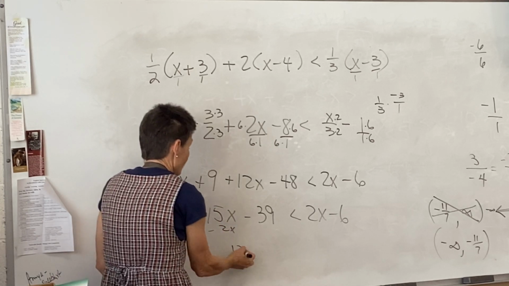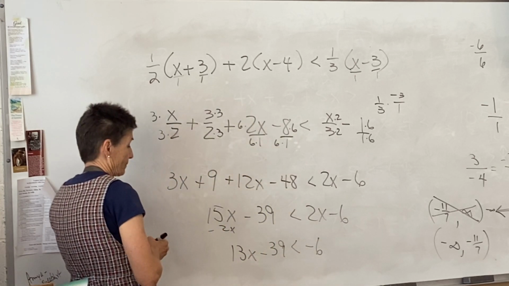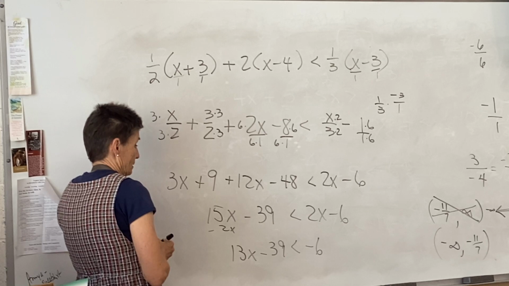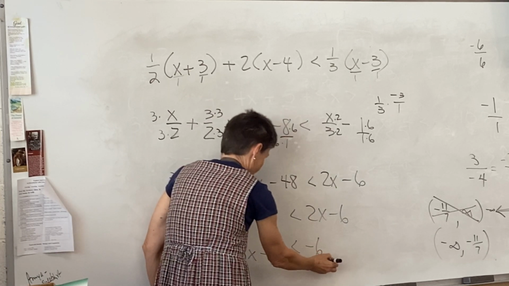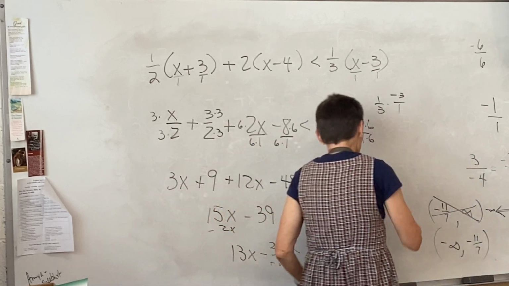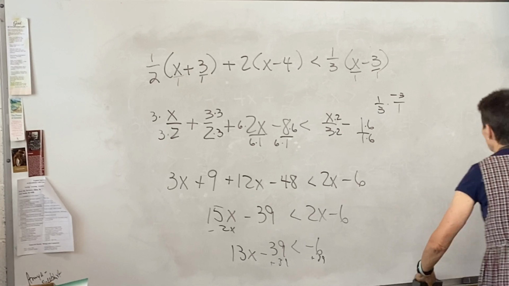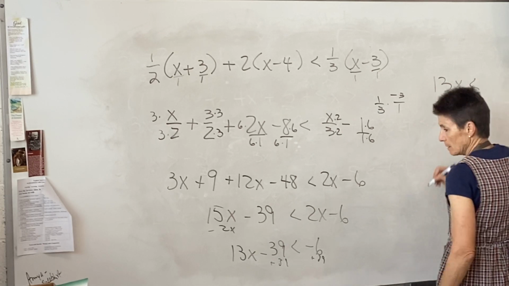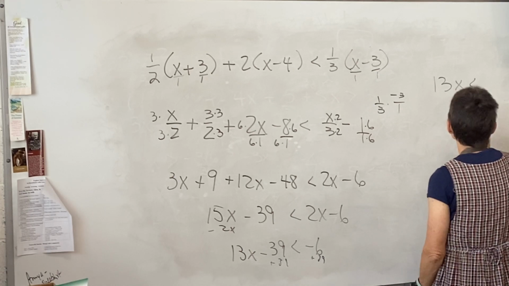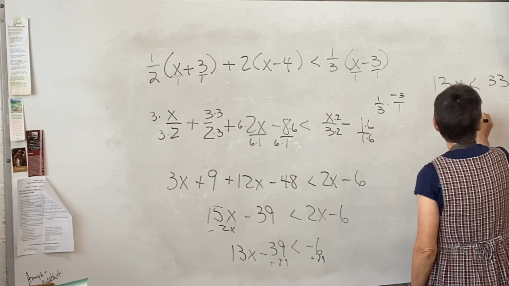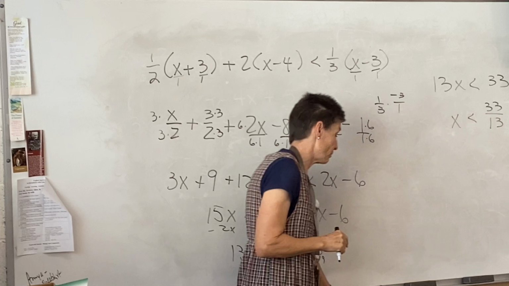So that's going to give me a 13x. Add 39 over. So now I have 13x is less than what? What's negative 6 plus 39? 33. And I'm going to divide. I do not get a very pleasant answer, but that's okay. I got 33 over 13.